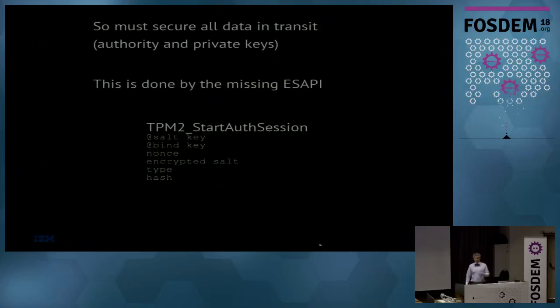It's a blank authorization. So I cannot use that for deriving any shared secrets. So I actually tend to use a salt key, which is used to encrypt a secure parameter to the public part of that key. And the salt key you usually use is the parent key of the hierarchy.